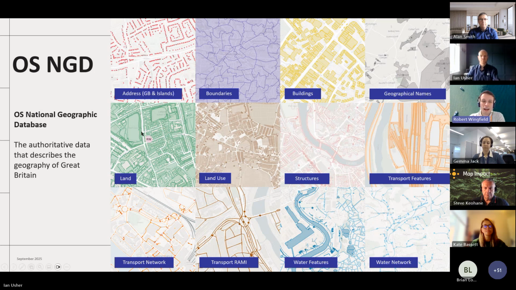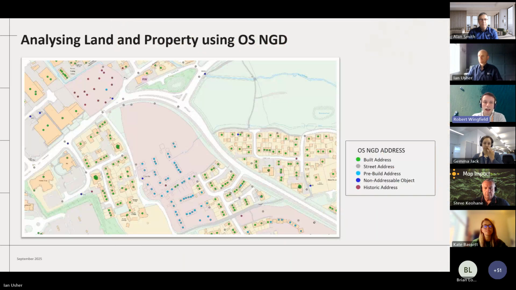So if we take that a step further and go into a little bit of detail on that, if we think about it from an address perspective, the way that we have built our NGD address product is that we've built that by life cycle. So you can understand the life cycle of an address, moving from a pre-build address, which those blue dots in the middle of the screen there in that construction site, right through to a built address, and then to a historic address as well.